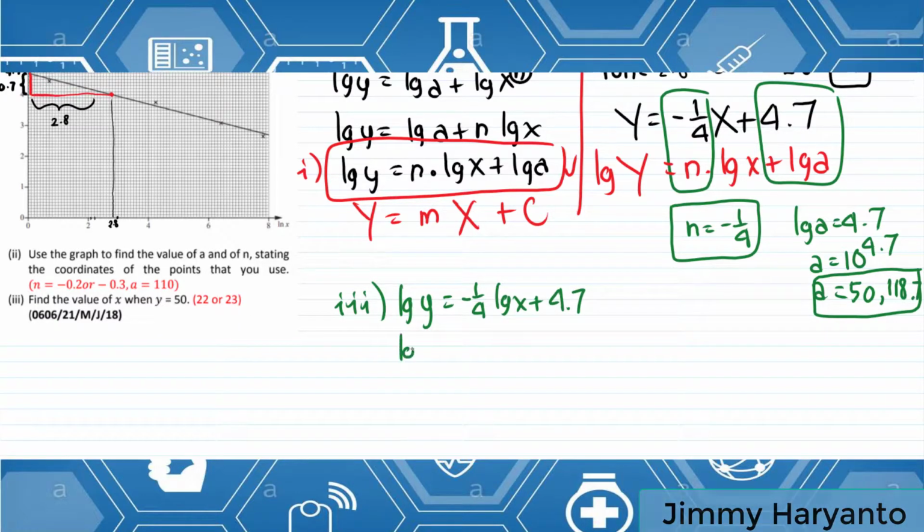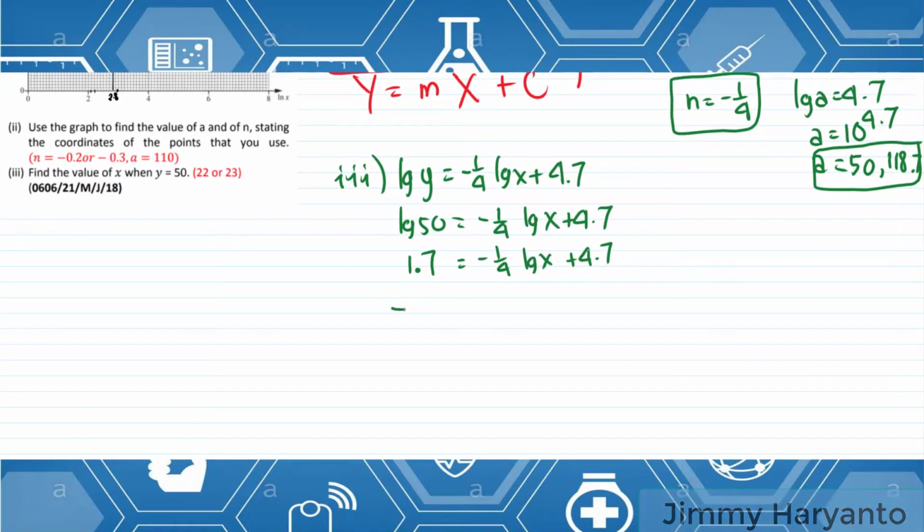And then y is 50, so I put 50 into the y. lg 50 equals 1.7. So 1.7 equals negative 1 over 4 lg x plus 4.7. I can move the 4.7 to the left side: negative 3 equals negative 1 over 4 lg x.